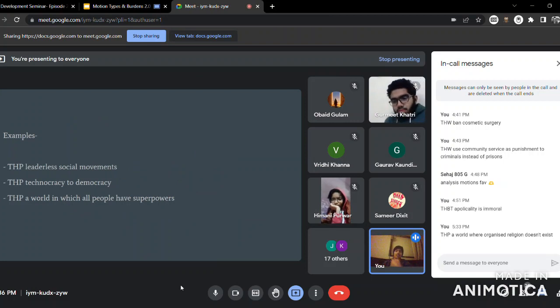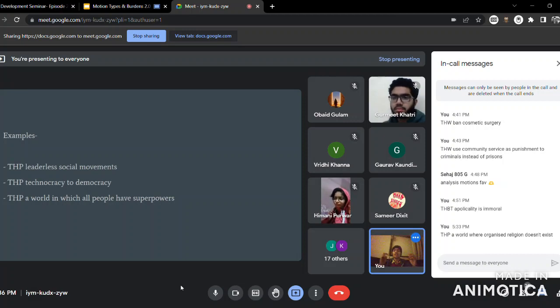The second type is one where X and Y both are given to you. This house prefers technocracy to democracy. What we mean by technocracy is that you don't let politicians form policies or make decisions, but you have technocrats or technicians or people who are experts in fields like some environmental scientist or some doctor.